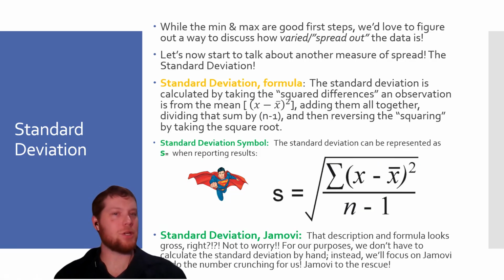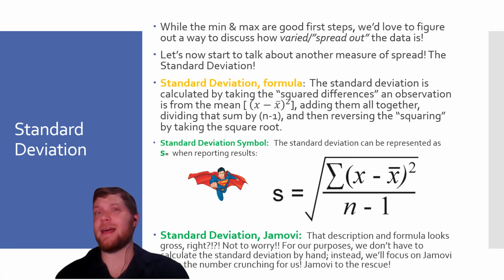Now, that measure looks really nasty. The formula looks really nasty. You don't have to do that in this class. One of the things I want you to fully hold on to is that for the most part, our actual numerical analyses, the number crunching, is done with Jamovi.